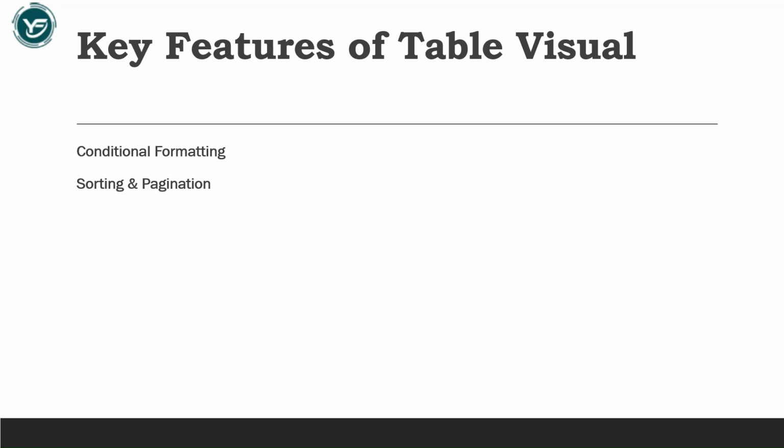Next one is hierarchical data. It refers to data organized in a tree-like structure where there is a parent-child relationship between the items. This structure helps represent relationships and levels, making it easier to navigate through grouped or layered data. And the last one is customizable design.